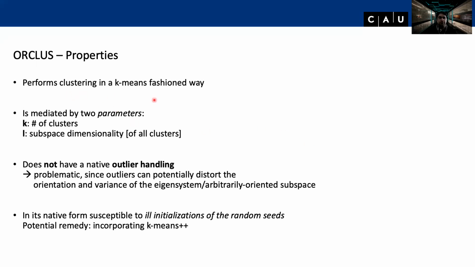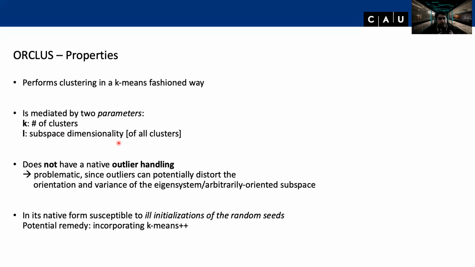Regarding the core properties, it performs clustering in a k-means fashion. It is controlled by two parameters, number of clusters k and the subspace dimensionality L, which denotes the dimensions from the eigensystem which have the L lowest variance.